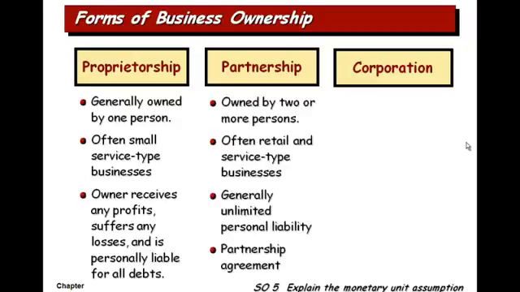Partnership, owned by two or more persons, or that can be entities as well. But for this PowerPoint, let's just assume it's owned by two or more persons. Often retail, service type businesses. Generally unlimited personal liability.